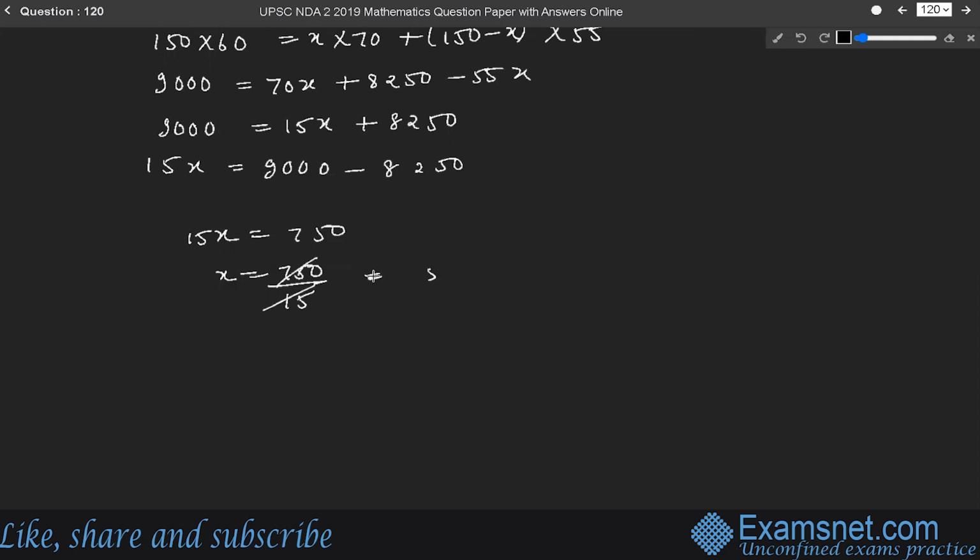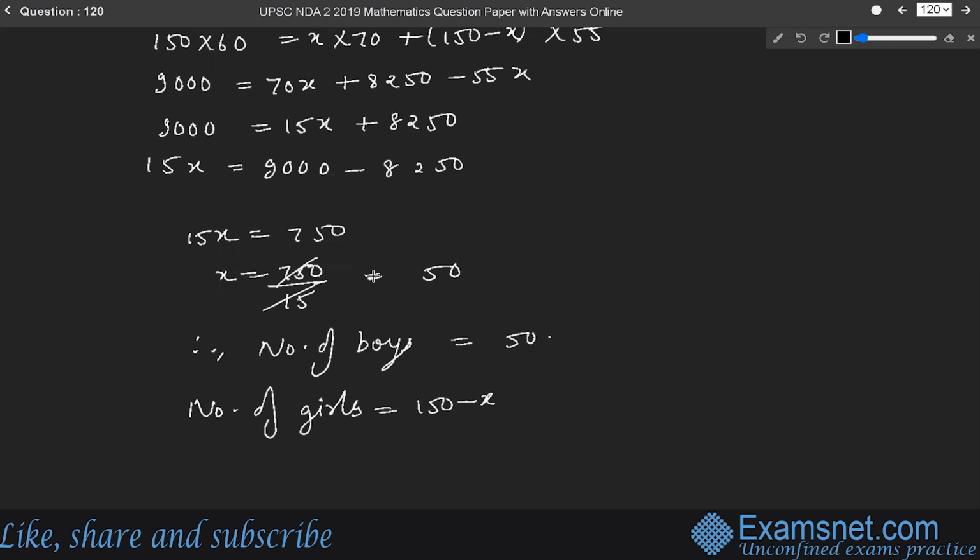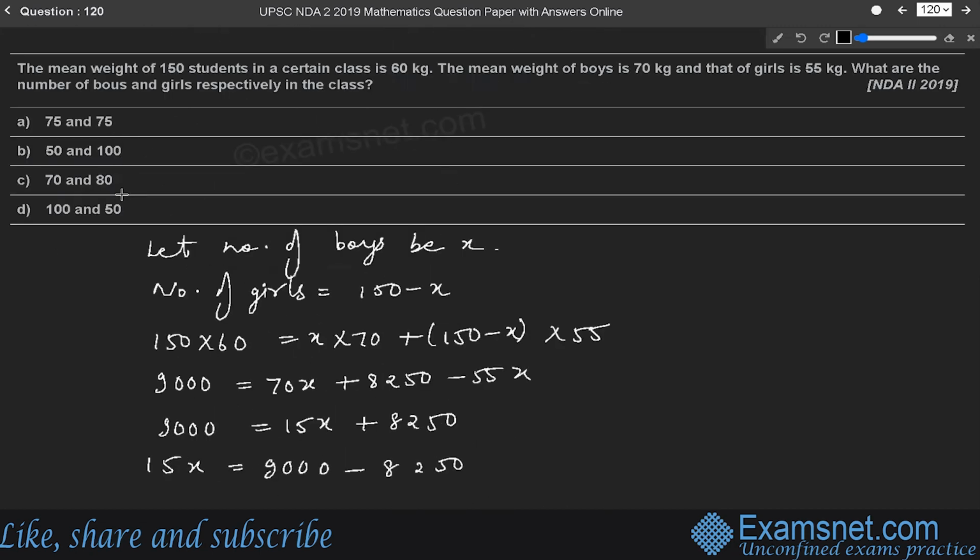So this will be equal to 50. Therefore, the number of boys is equal to 50 and number of girls will be 150 minus x and x is 50. So it will be 150 minus 50. So this will be 100. So the number of boys is 50 and the number of girls is 100.